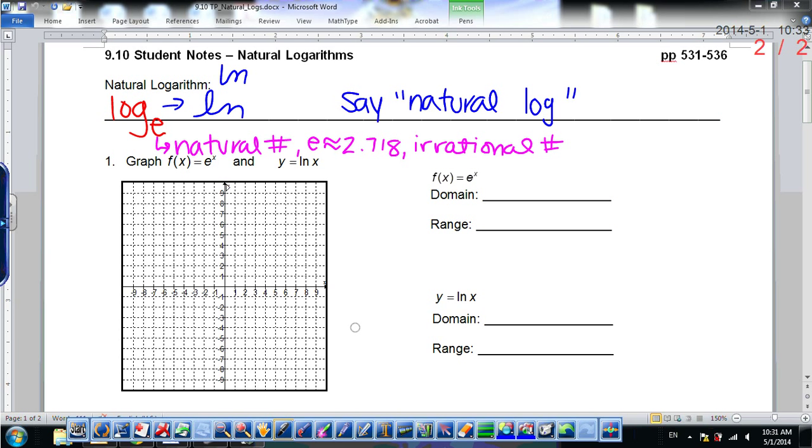All right, so the inverse of ln of x, or the natural log of x, is e to the x. So we're going to plot those two functions. Let's start by plotting e to the x. Now that is an exponential parent function, right? Good. So what do we know about exponential parent functions? Where's their asymptote? Y equals 0.